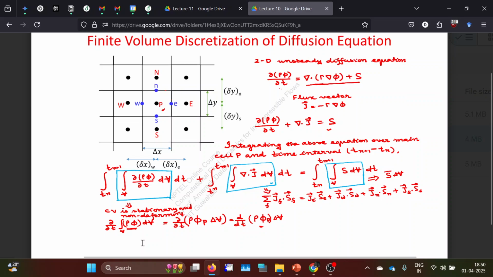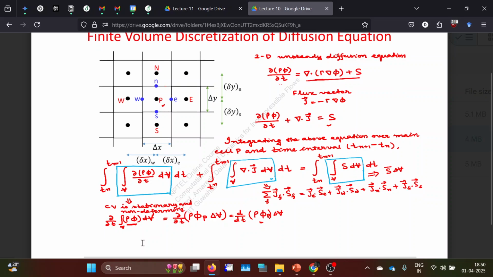In this volume integral, because this control volume is stationary and non-deformable, we have taken this time differential out of the integral. It means first we are integrating and then differentiating with respect to time, instead of first differentiating with respect to time and then taking the integral.